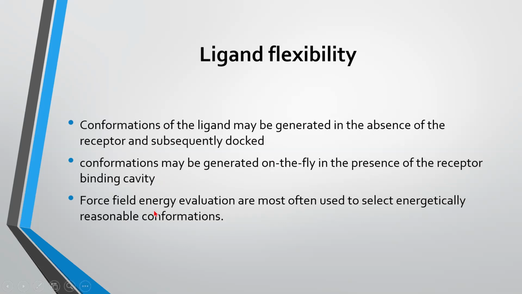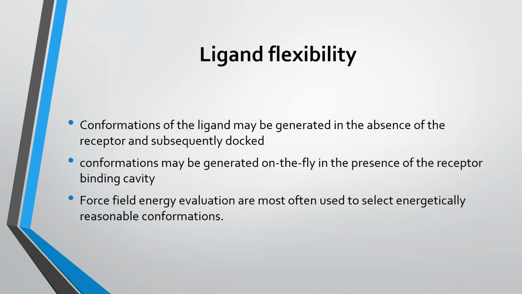So while doing so, how do you calculate which conformation is the most stable conformation? For that, you need to have some scoring method or some ranking method. Most of the times, force field energy calculations are used to select the energetically reasonable conformation.